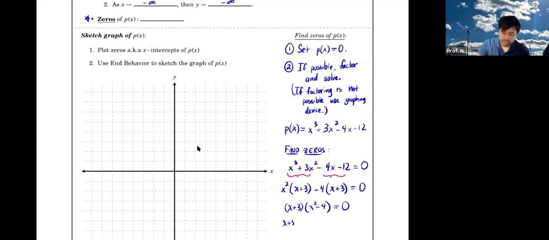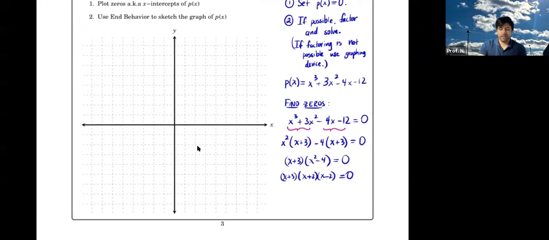So this is (x plus 3)(x plus 2)(x minus 2) equals 0. And then what do we do? Boom, boom, boom, right? And we know x equals negative 3, x equals negative 2, and x equals 2. These are all the zeros.